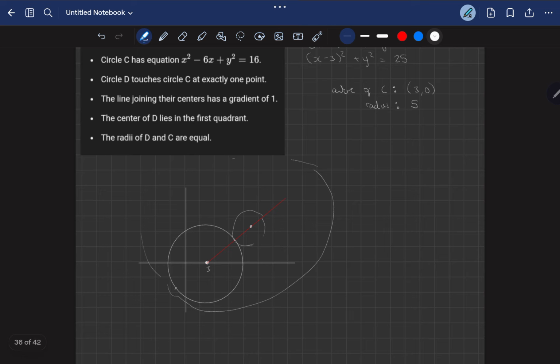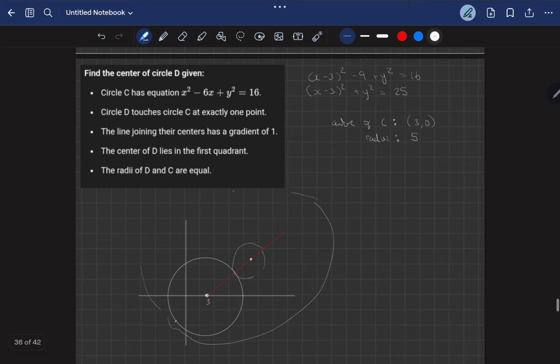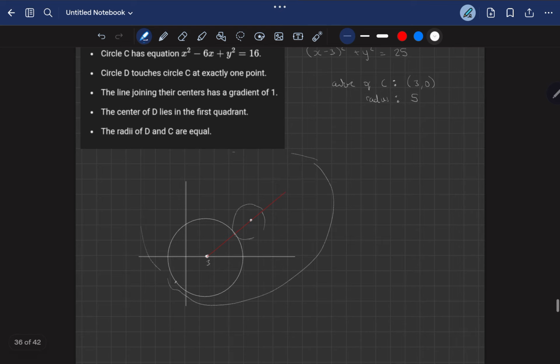However, we know that the radii are the same. And if it touches this far point over here, that means the radius has to be at least the diameter of C. So this can't be it. So we know that it meets at this point right here.